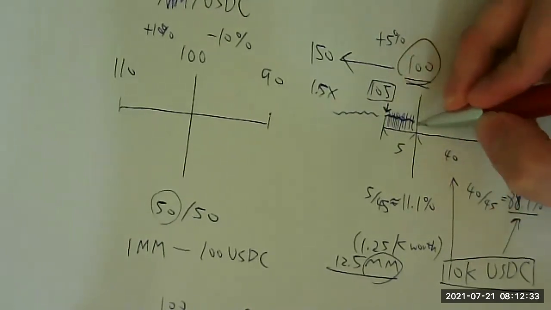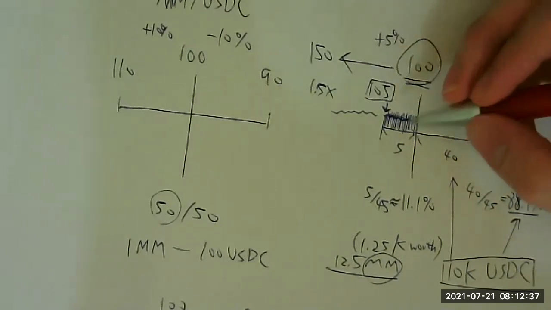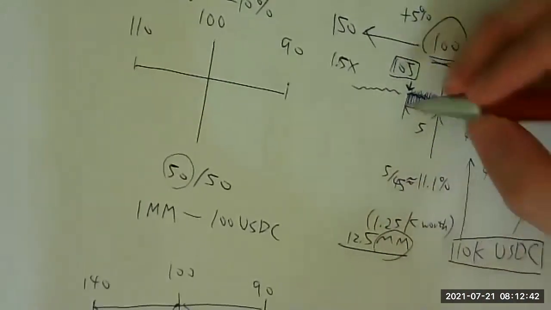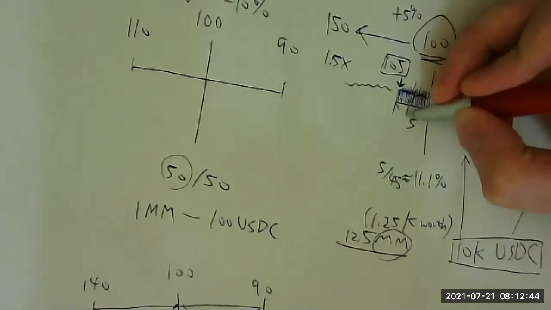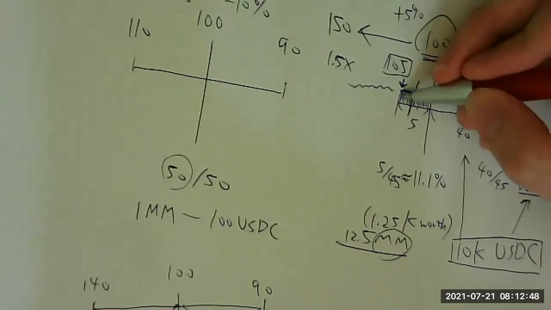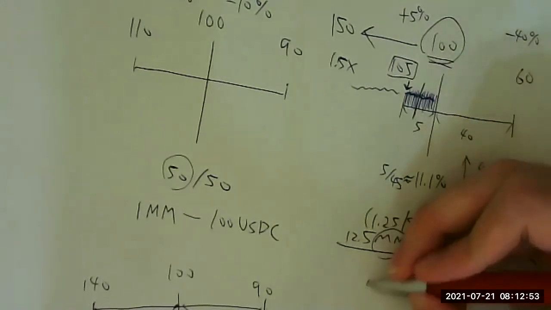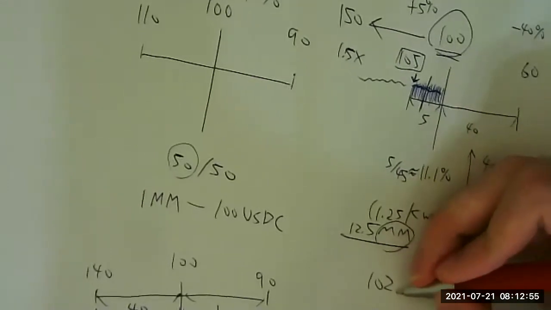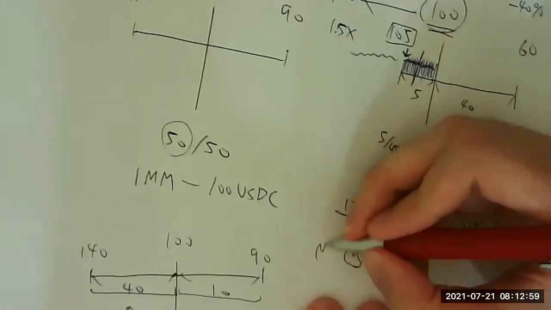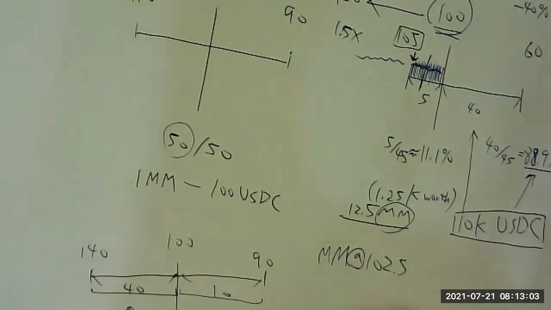And because you'll be selling it on this smooth curve, the average price you're selling will be the midpoint between the maximum and the original current price, which is 102.5. So you'll be selling MM at 102.5 USD.